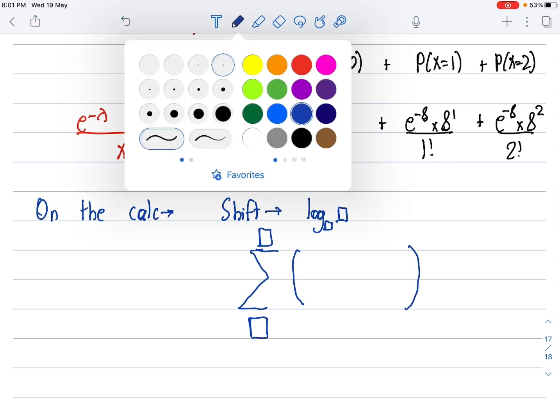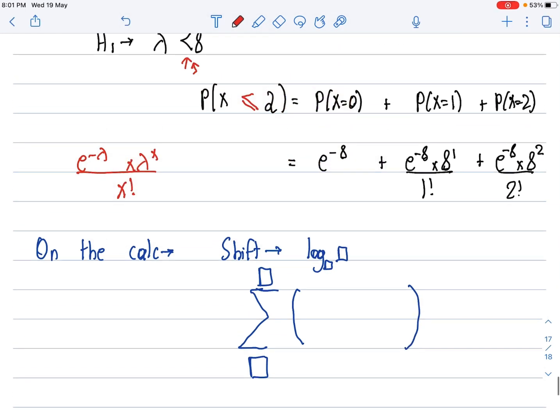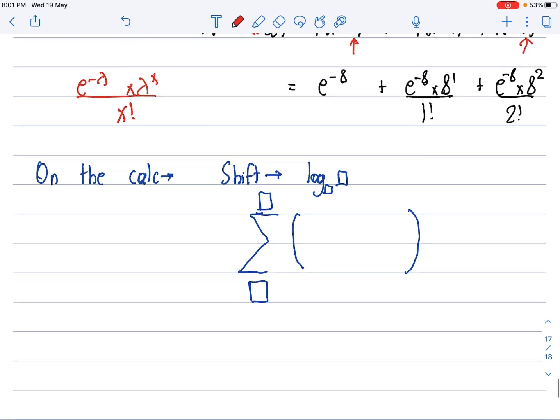So now you are calculating the summation from 0 to 2. So in the lower limit, I'll get 0 and here I'll get 2. And here I'll write e raised to minus 8, I know my lambda is 8, into 8 raised to x over x factorial. X will take all the values from 0 to 2 inclusive. And to write an x, you can simply click on alpha and the closing bracket sign.